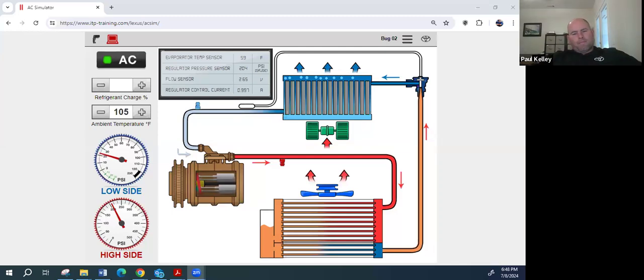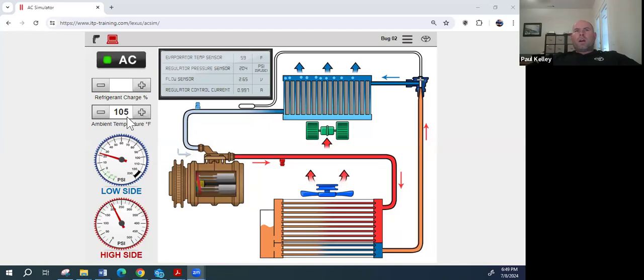Well, I'll challenge you a bit. How about this? If you left the car sitting and let everything equalize in temperature, don't you think you'd have a baseline? Outside, what's the ambient temperature? The ambient temperature is 105. I'm sorry, that sucks.